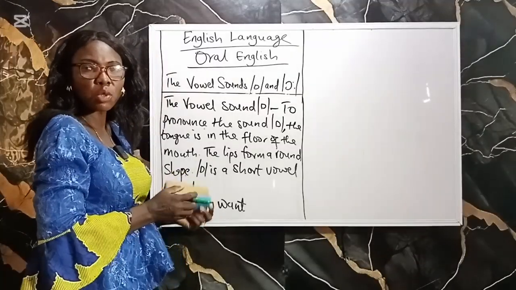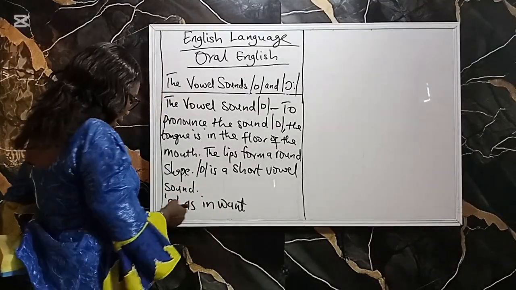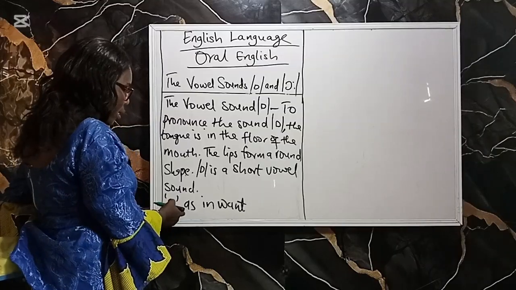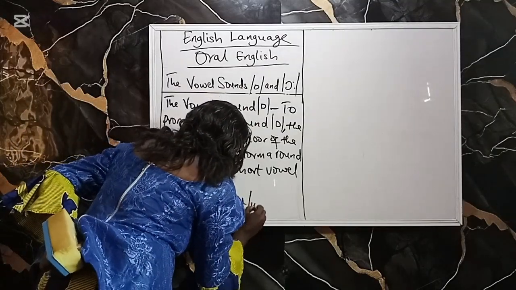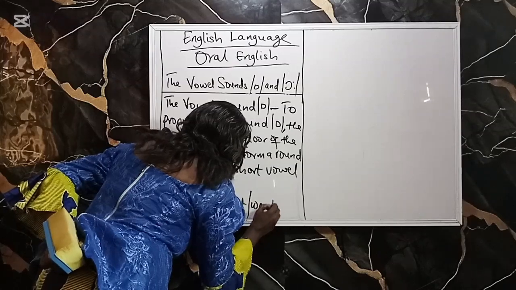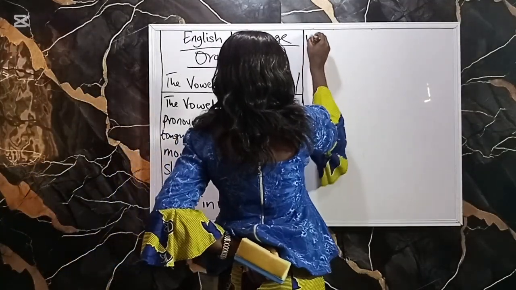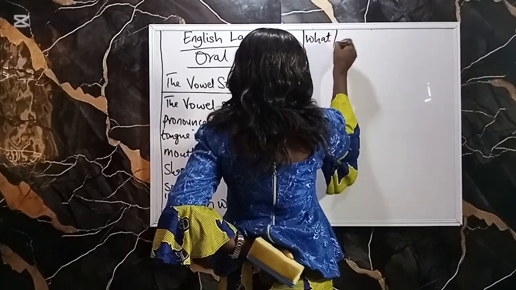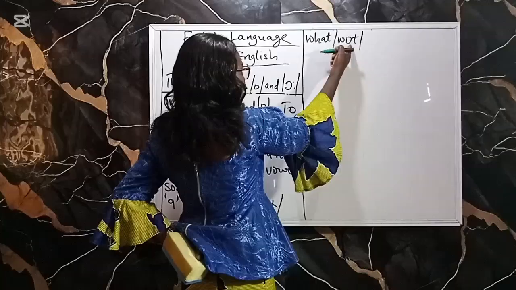As usual, we want to transcribe. So how do we transcribe this? Anywhere we see letter A, we put the short sound. So we have want. We also have what. We put letter A there.